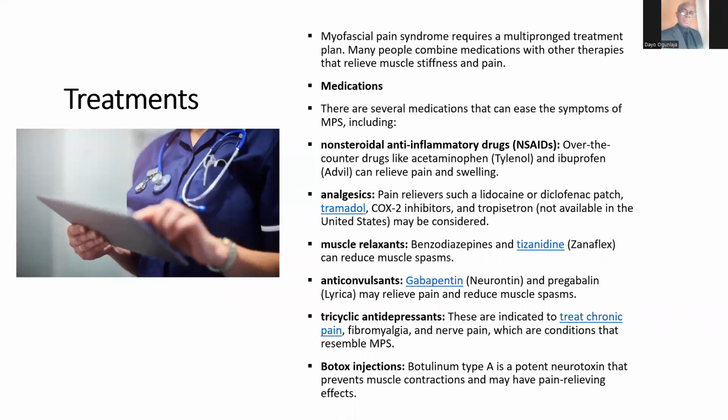It's used just in the initial phase, just to get them over that initial acute phase if your normal painkillers do not work. And once you've done that, you can go on to other things.